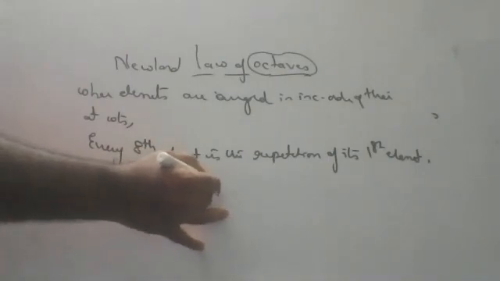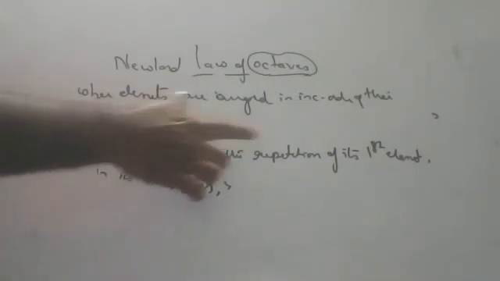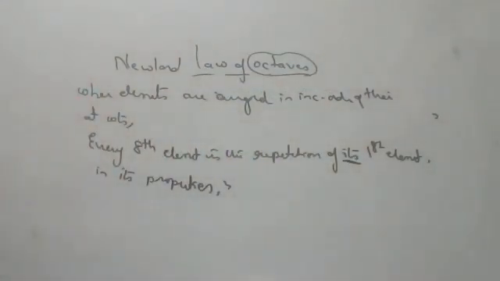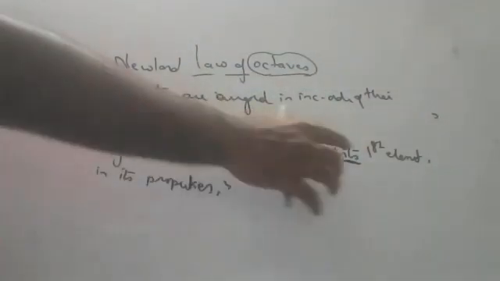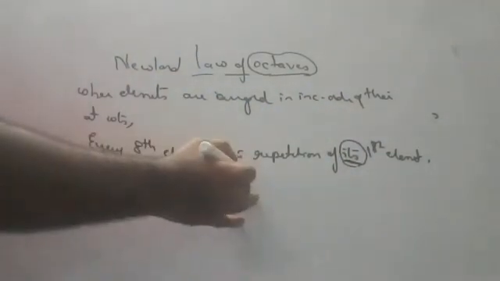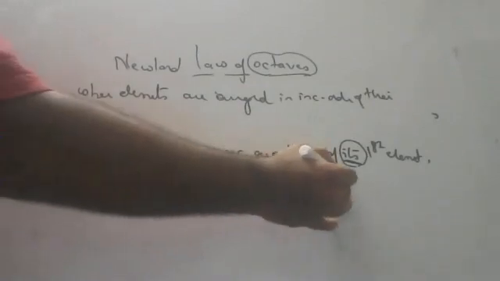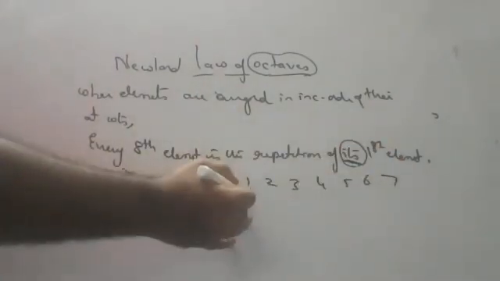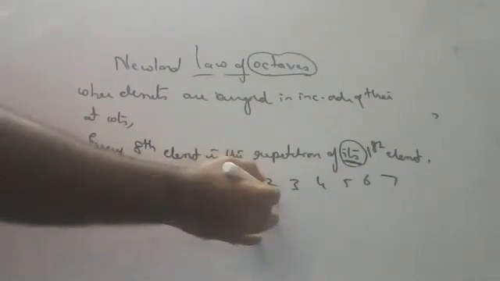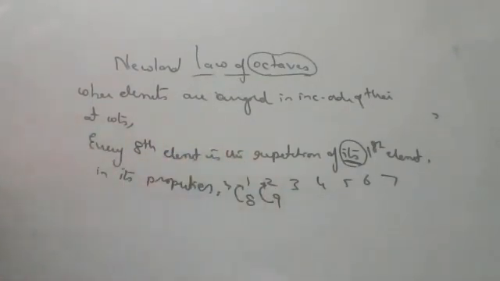Definition should go like this. Every eighth element is the repetition of its first element in its properties. This "its" will hold great importance. Why? See here: 1, 2, 3, 4, 5, 6, 7, 8. For 8, its first element is 1. For 9, its first element is 2.